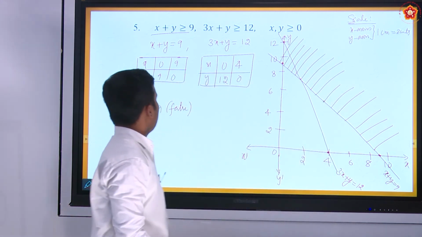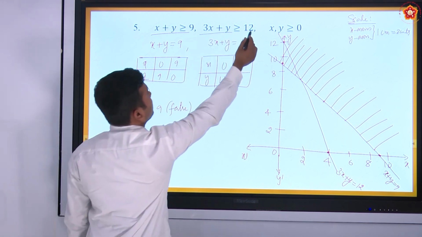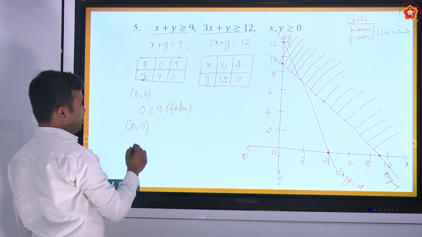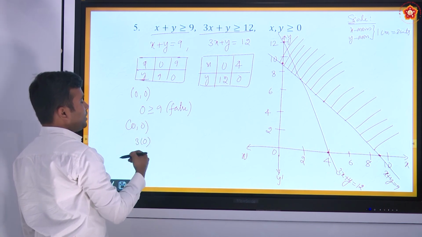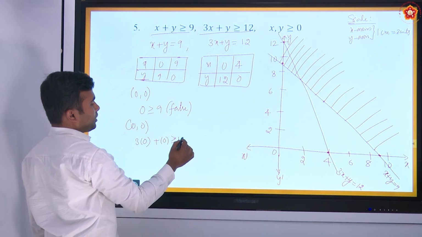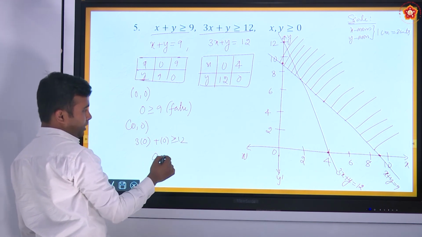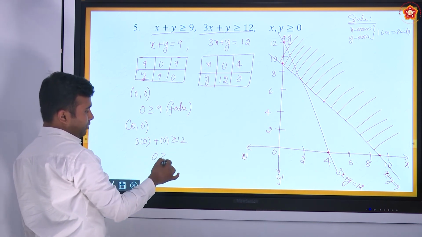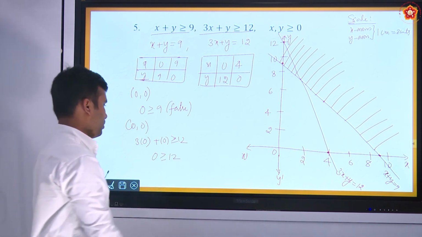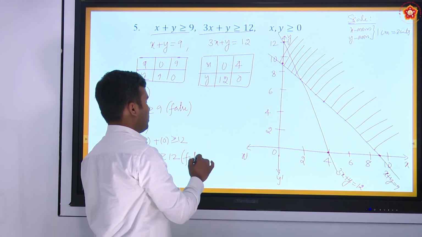Now for the next inequality, if I take 0 comma 0 as the arbitrary point and put 3 into 0 plus 0 is greater than or equal to 12, everything becomes 0 on this side, and 0 cannot be greater than or equal to 12, so this is also false.